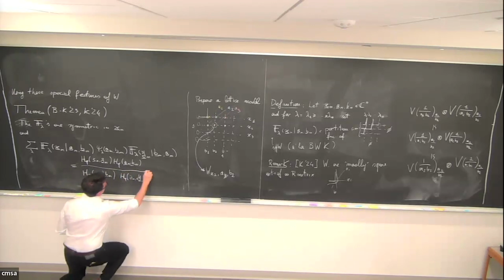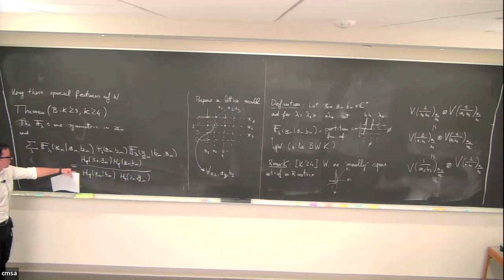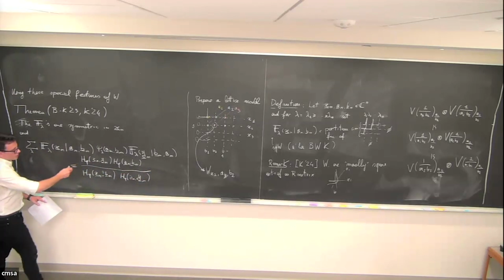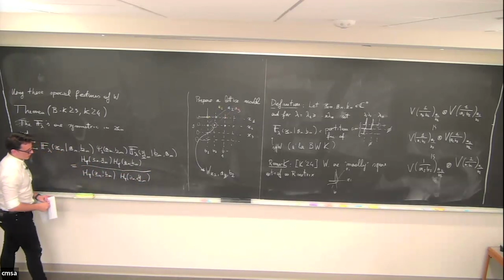So you have to think of this, I will define what is HQ, but you have to think of this as a sort of series of products of Q deformation of beta functions.